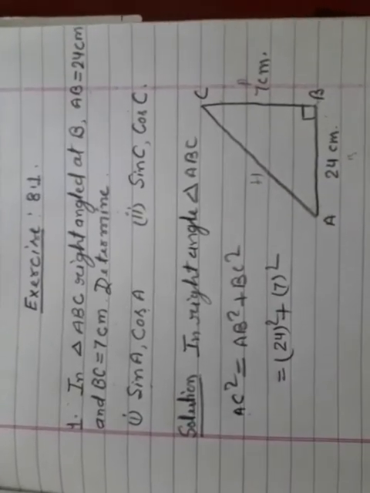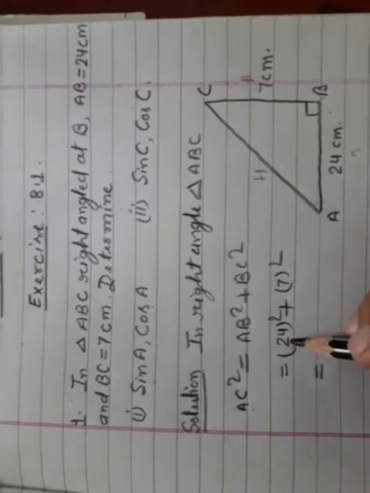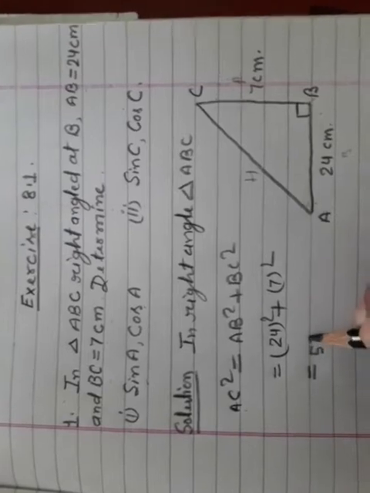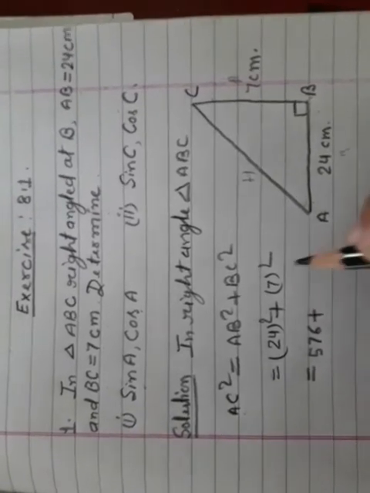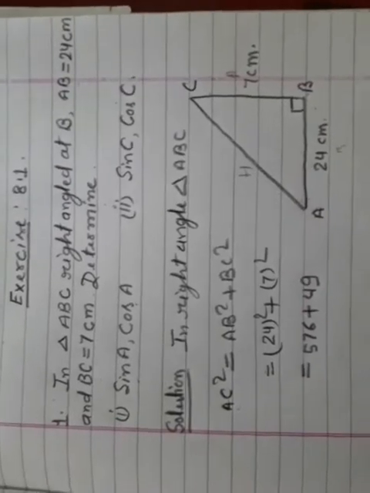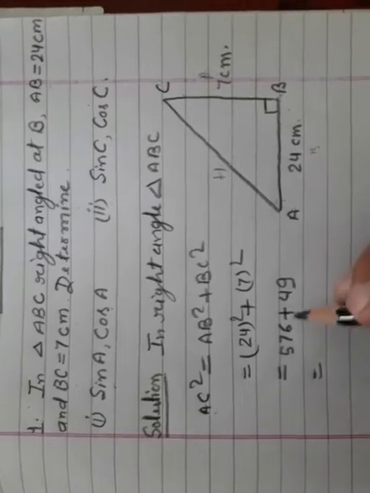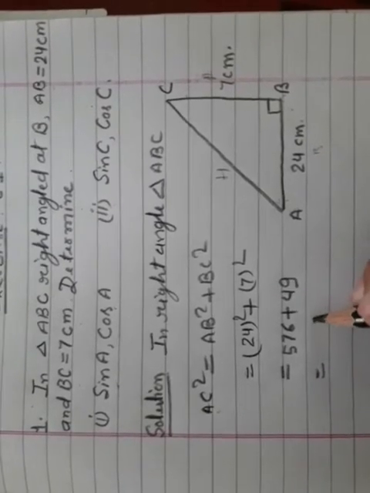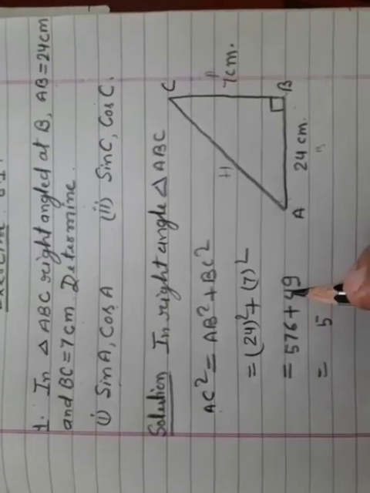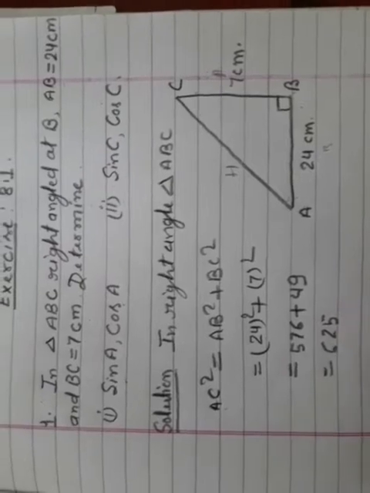Clear? Now what is square of 24? Square of 24 is 576 and square of 7 is 49. Now the sum of these two: 576 plus 49 is 625.